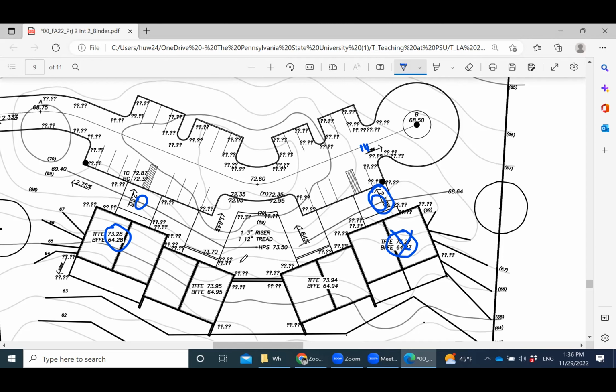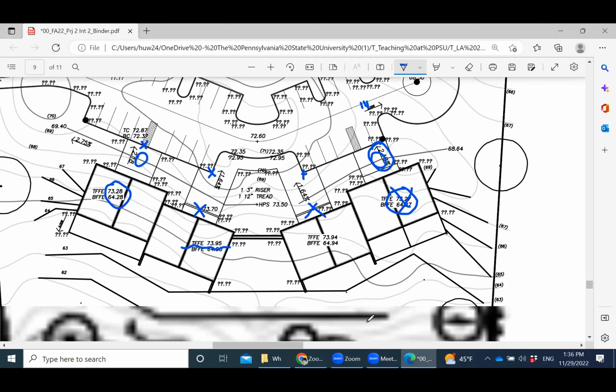So you need a little bit of work on the FFEs. I would need to know those spots to be able to see which ones. My sense is if you get rid of the steps over here, the TFFEs might be a little bit lower, but that's okay. You still would have walkout basement in the back, okay?